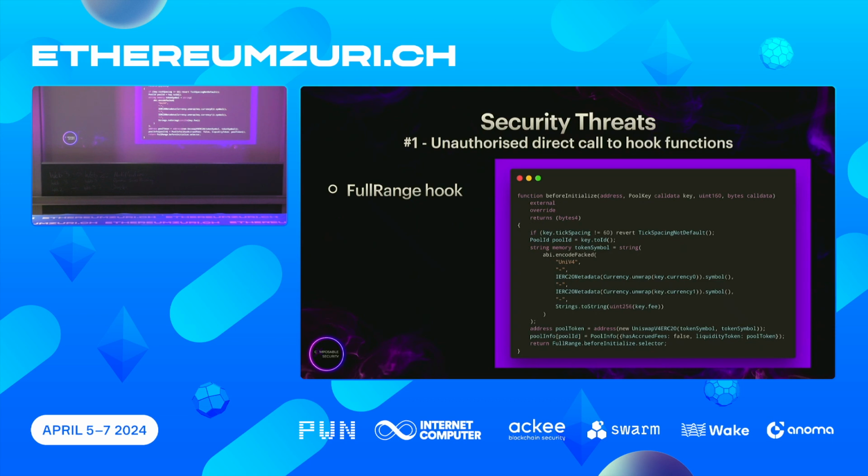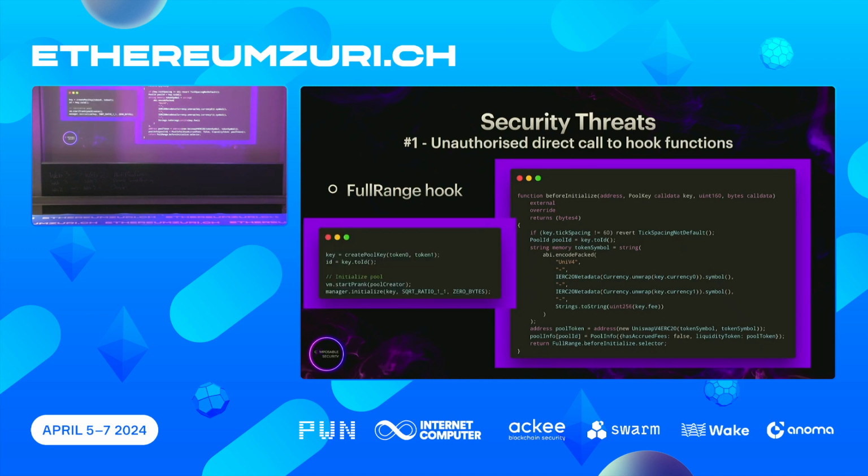And here you can see the before initialize function. This is the function that is called right before the pool manager initializes a new pool, okay? And it's external because the pool manager has to call it on the hook contract. So it has to be external, right?